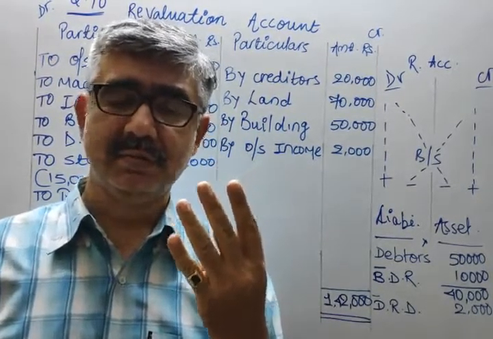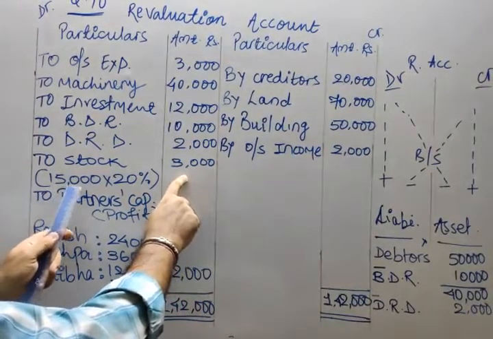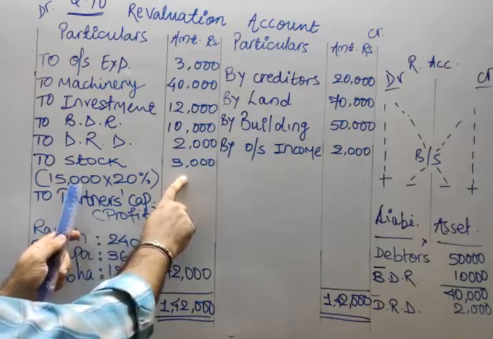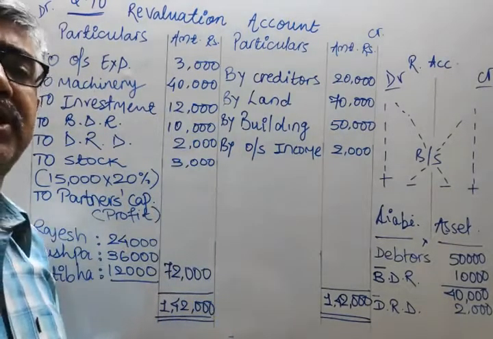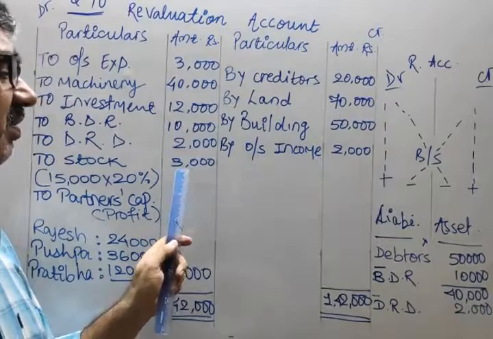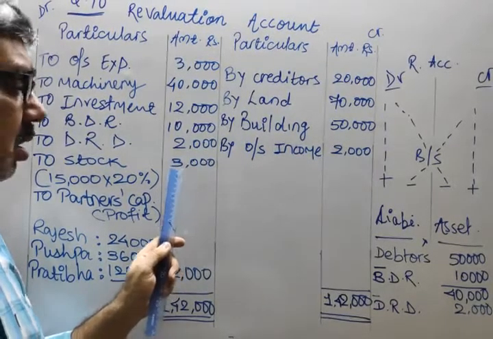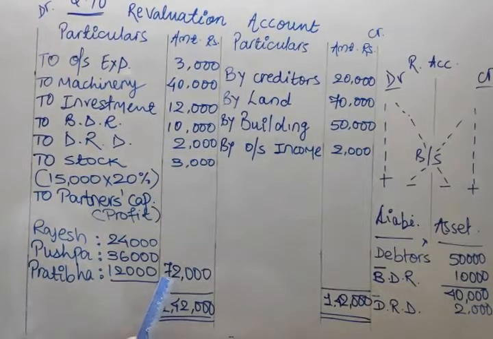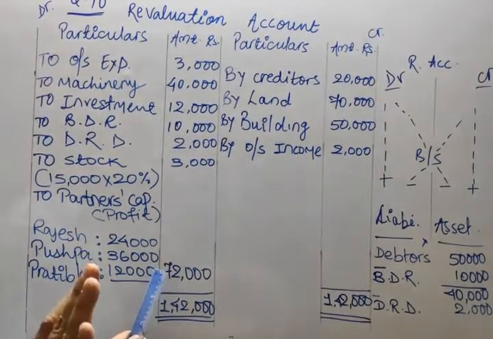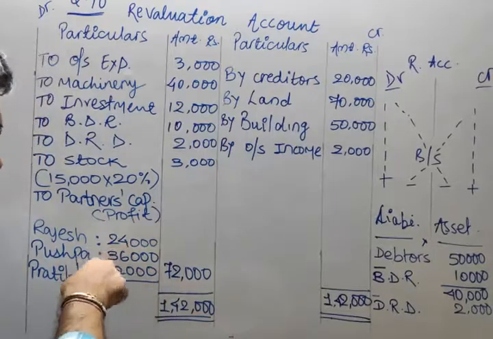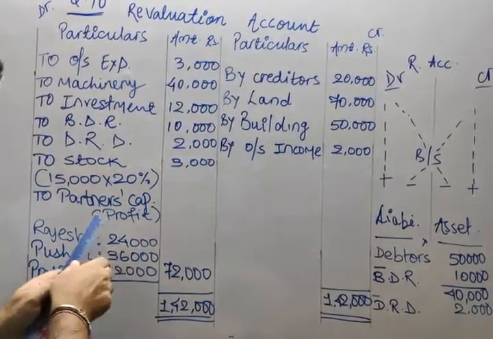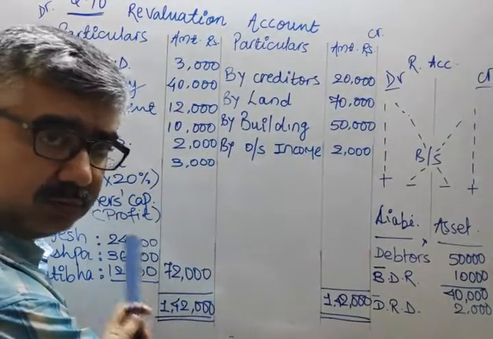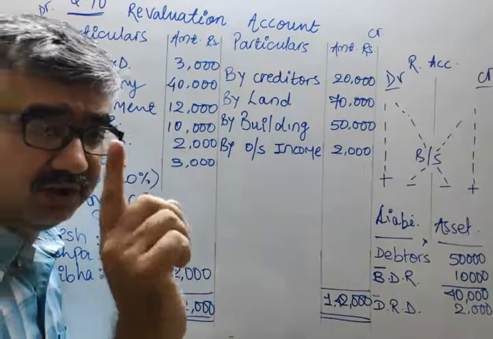All 4 formats. Over here, instead of 20% on 15,000, if you committed a mistake and calculated 20% of the entire amount, 35,000, you will get 7,000 over here. When 4,000 more is there on debit side, profit is 4,000 less. Subtraction: here 68,000. And you are distributing it. This wrong amount you are transferring to partners' capital account. Now see the difference.